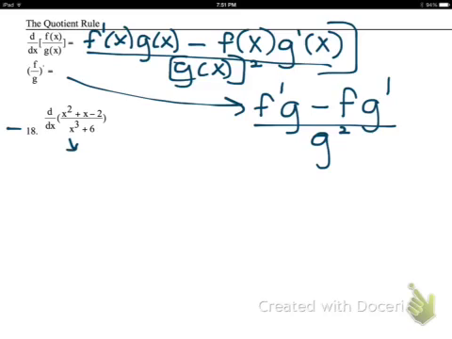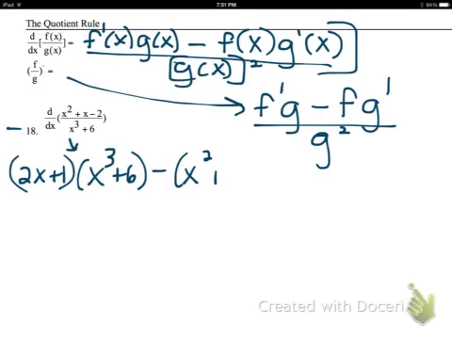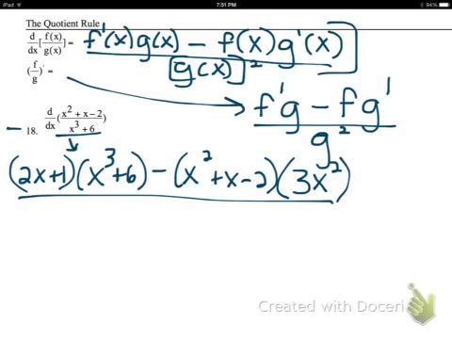So first example: derivative of numerator would be 2x plus 1 times denominator, x cubed plus 6, minus the numerator, x squared plus x minus 2, times derivative of denominator, which is what? 3x squared. All over the denominator squared, x cubed plus 6 squared.